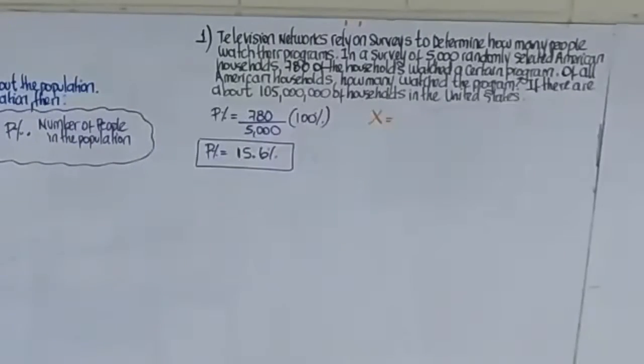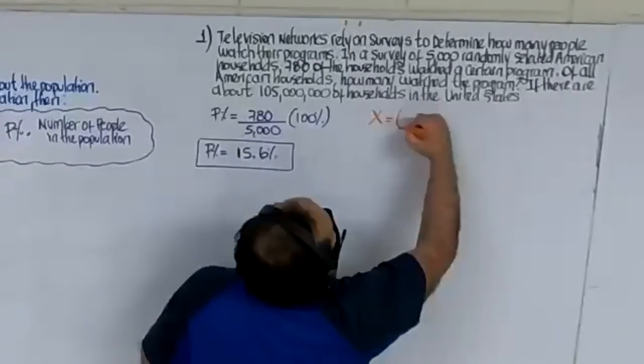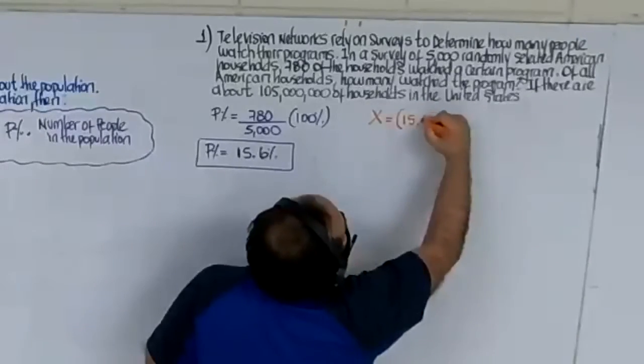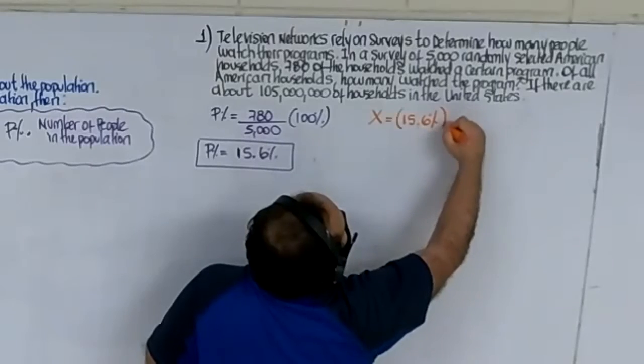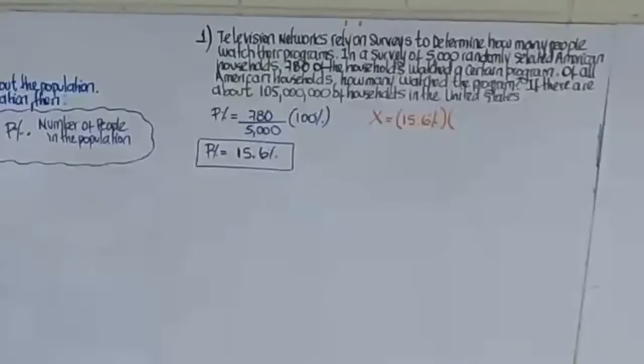Okay, p%. What will be the p%? Remember, we got 15.6%, multiplied by, once again, the number of people in the population. What is the number of people in the population? 105 million, right?